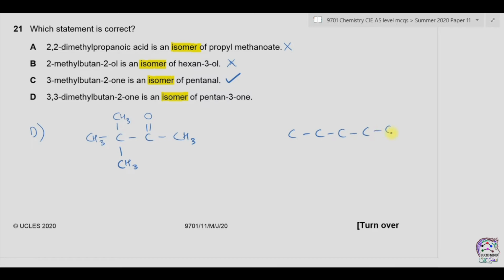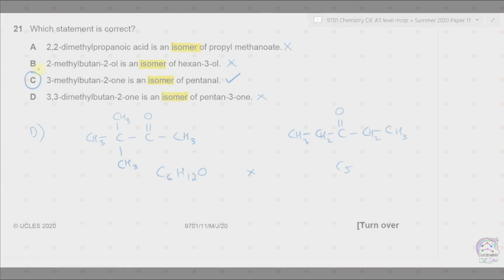We have 5 carbon atoms, and on the third carbon we have a carbonyl group, so it is a ketone. Counting the number of carbons, we have 6 carbons, 12 hydrogen atoms, 1 oxygen atom. We have 5 carbons, so therefore they are not isomers. So the only option is C.